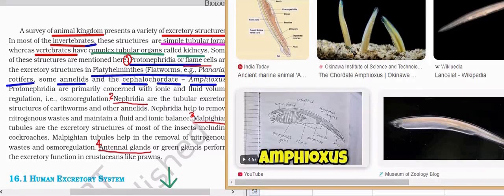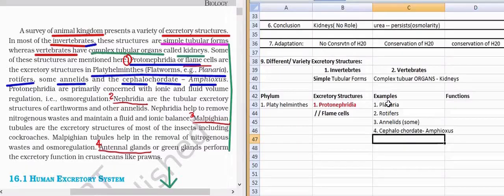They are not vertebrates, but they are chordates, vertebrate-like. So these are the examples, totally four. Planaria, understood. Rotifers, the smallest one. Annelids. Next is cephalochordata, Amphioxus.